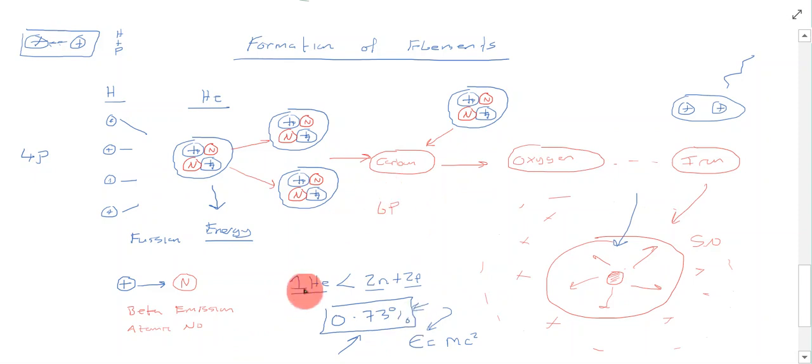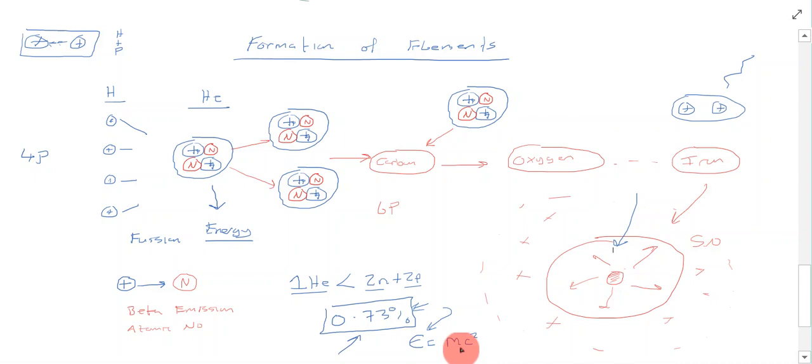As I was saying, there's a small mass difference between a hydrogen atom and the individual components that make up the hydrogen atom, i.e. the subatomic particles. A lot of energy can be given off in this process.